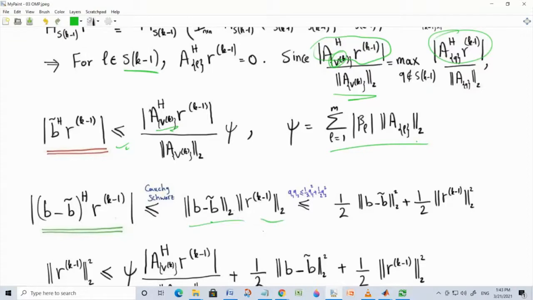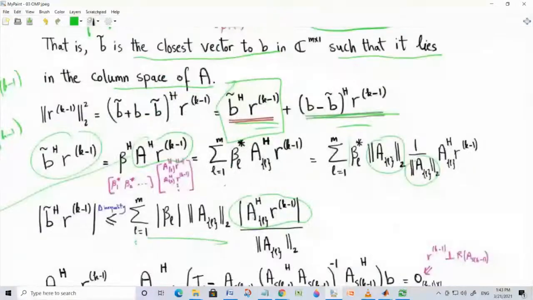You can upper bound by the product of the L2 norms, and then use the inequality that the product q1 q2 is less than or equal to half q1 squared plus half q2 squared. This is simply to convert the product into a sum. Now we have an upper bound on this term, and we have an upper bound on that term.